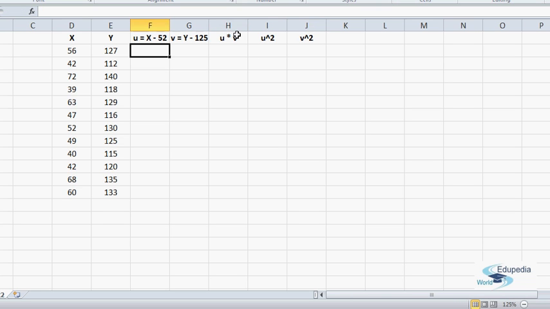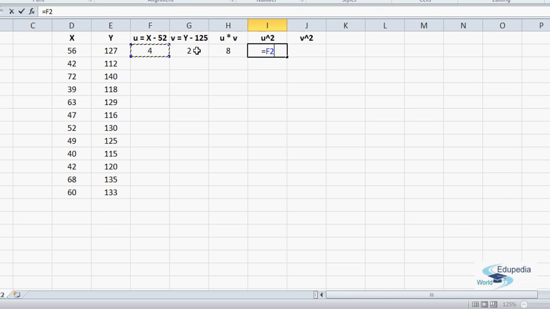Okay, so the first column, x minus 52, x is 56 minus 52, and similarly v is y, which is 127 minus 125, and then the product of u and v will be the product of these two numbers here.